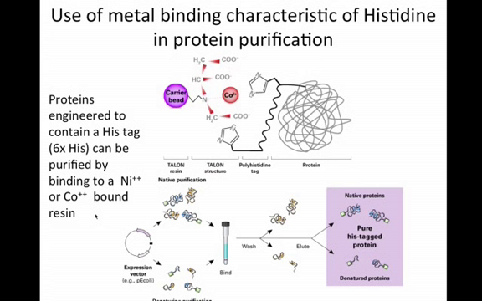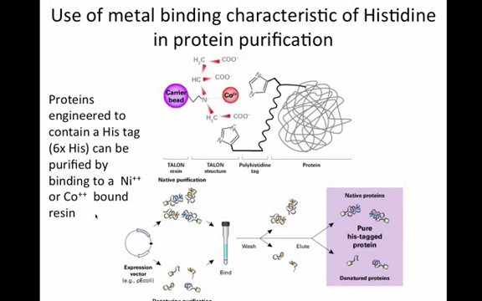And people have actually used that characteristic to purify proteins by throwing a whole bunch of those amino acids onto the tail of a protein. You add a bunch of histidines, and then you incubate it with a metal ion. It's going to bind because it has that property. And then you can wash away what you don't want. Whatever's bound will stick, and that's how you purify your protein of interest. Okay?